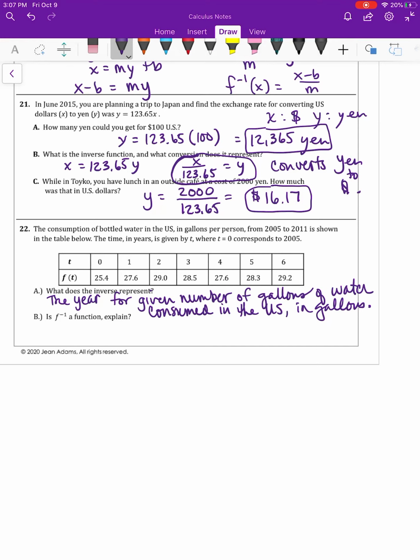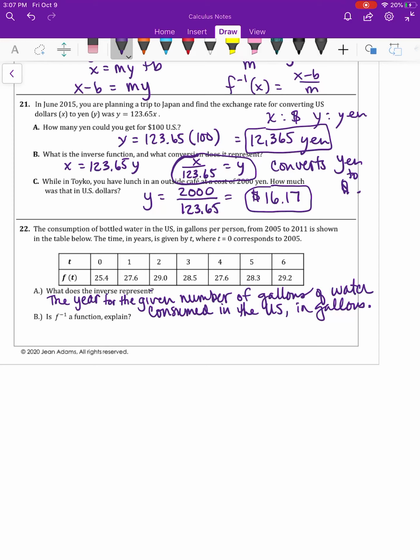The year for the given number of gallons of water consumed in the U.S., okay?